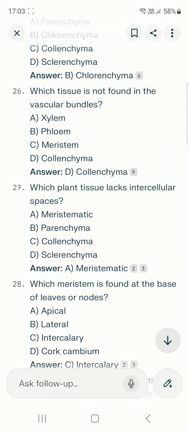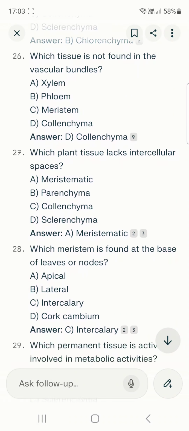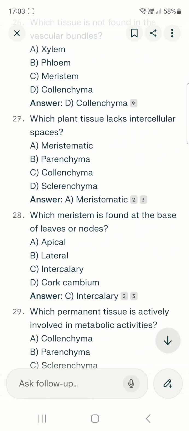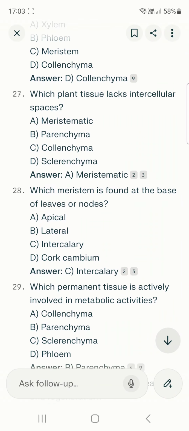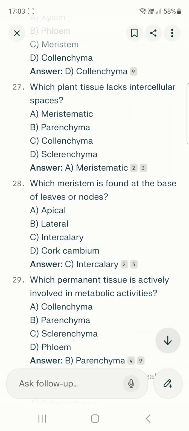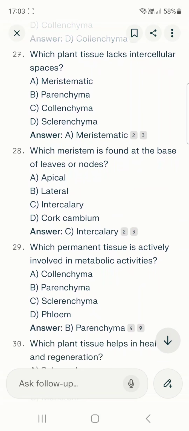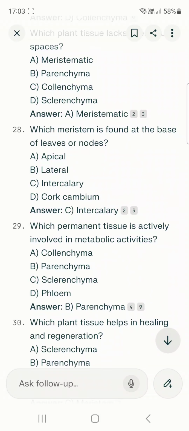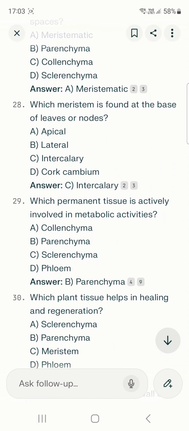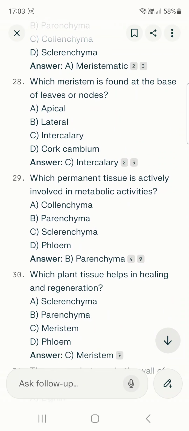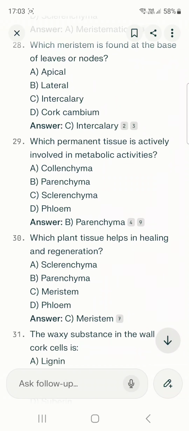And the answer is intercalary. Which permanent tissue is actively involved in metabolic activities? Option B, parenchyma. Question number 30. Which plant tissue helps in healing and regeneration? And the correct answer is meristem.